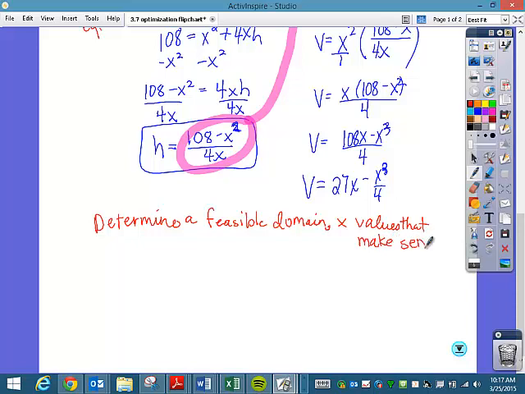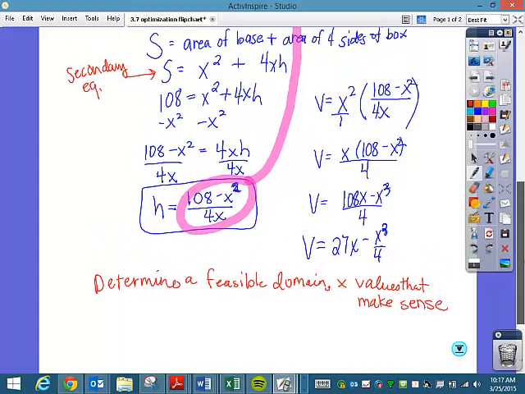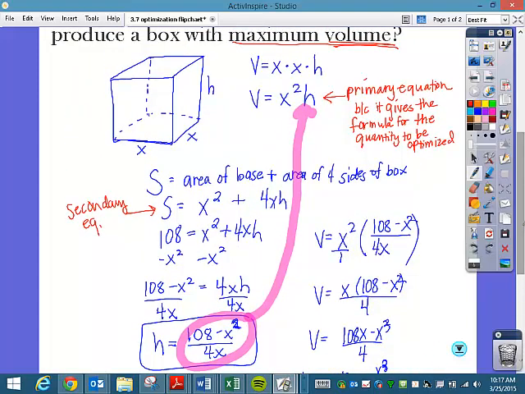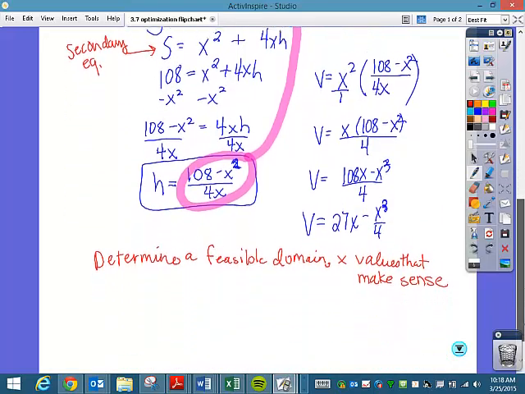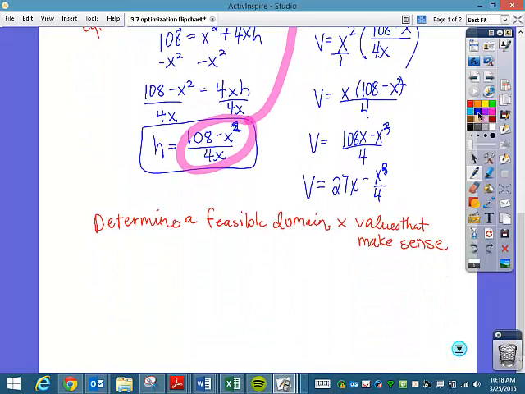So what I mean by that is, it doesn't make any sense in this problem for us to have lengths and widths of our box, dimensions of our box, that are negative. Like x cannot be negative. It has to be greater than 0. So x, the length of our side, has to be greater than or equal to 0.